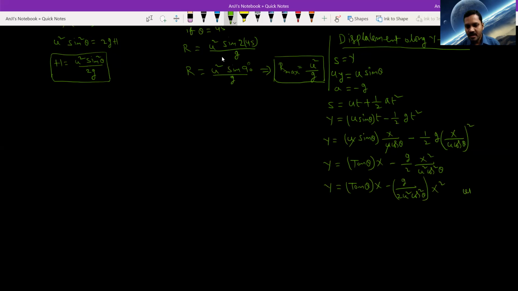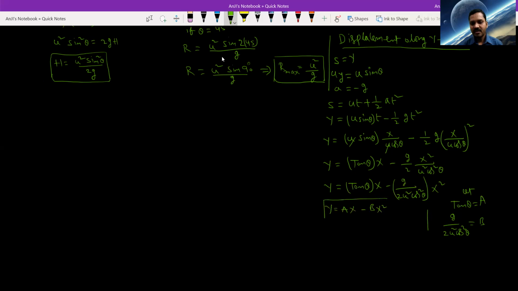Now these two values are constant. So suppose let tan theta is equal to a, and g by 2u square cos square theta is equal to b. Substituting these two values here, y is equal to ax minus b into x square.